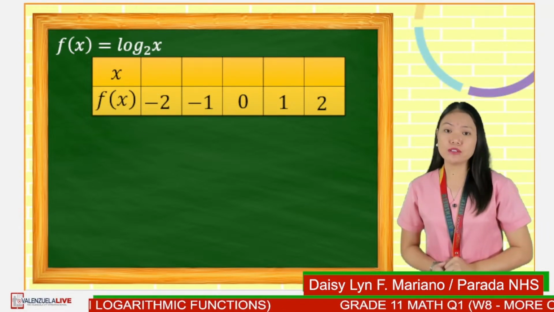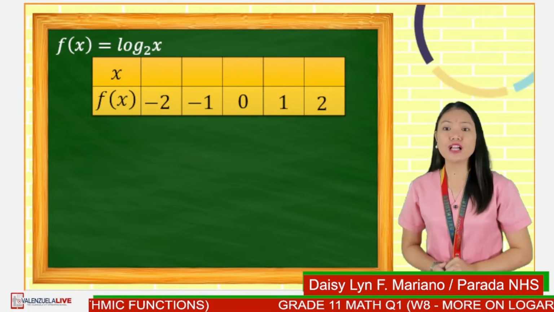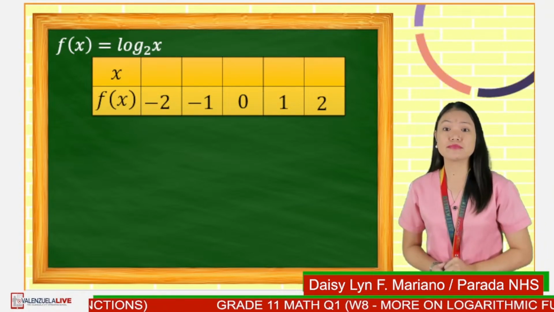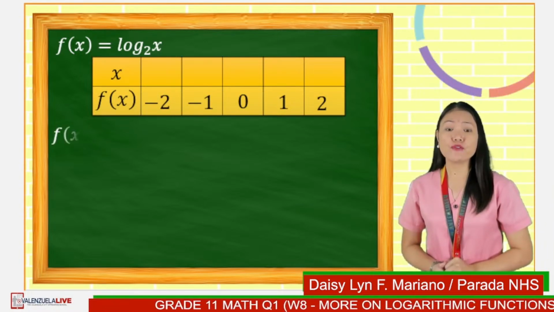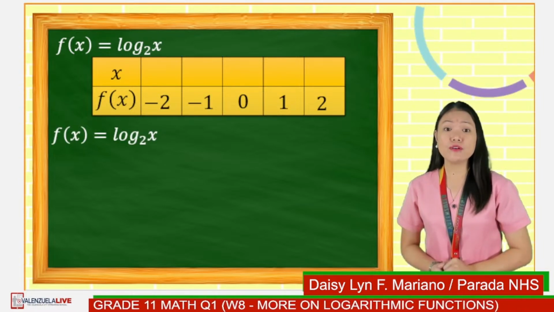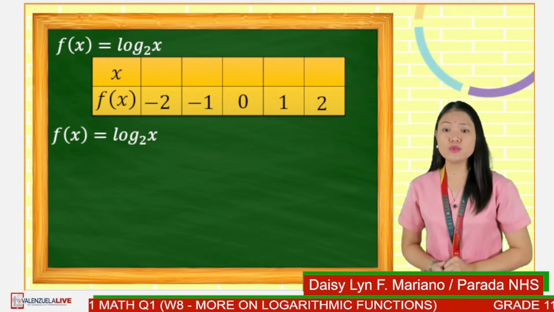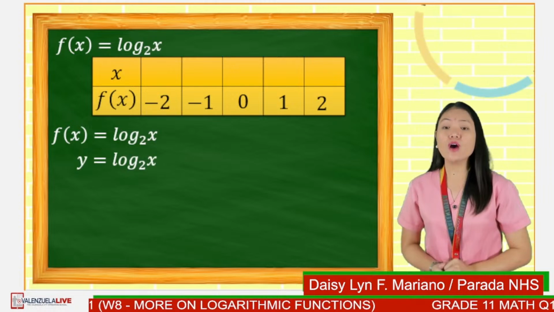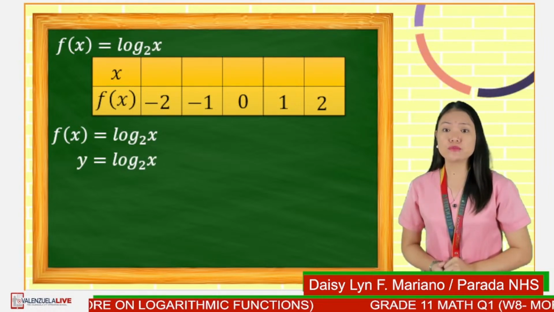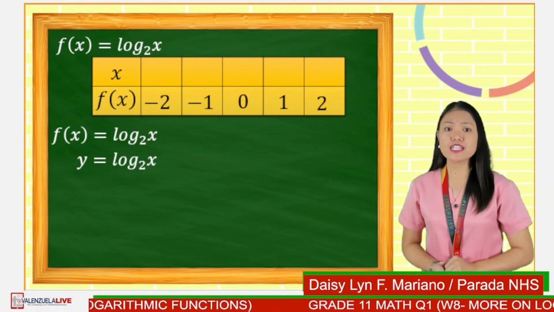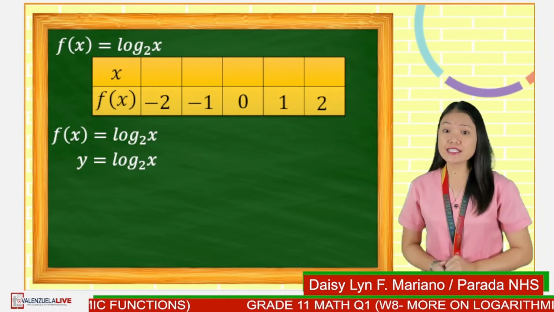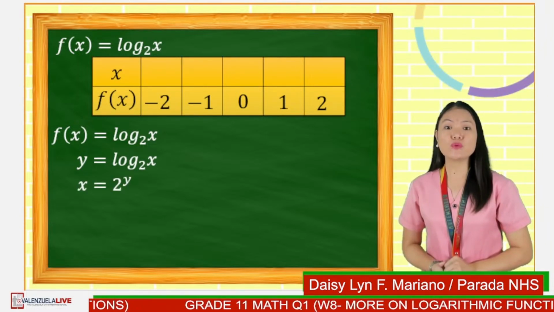From the table, we need to solve for the value of x to accomplish it. The logarithmic function f of x is equal to logarithm of x with base 2 is similar to y is equal to logarithm of x with base 2. Rewriting this to exponential function, we have x is equal to 2 raised to y.